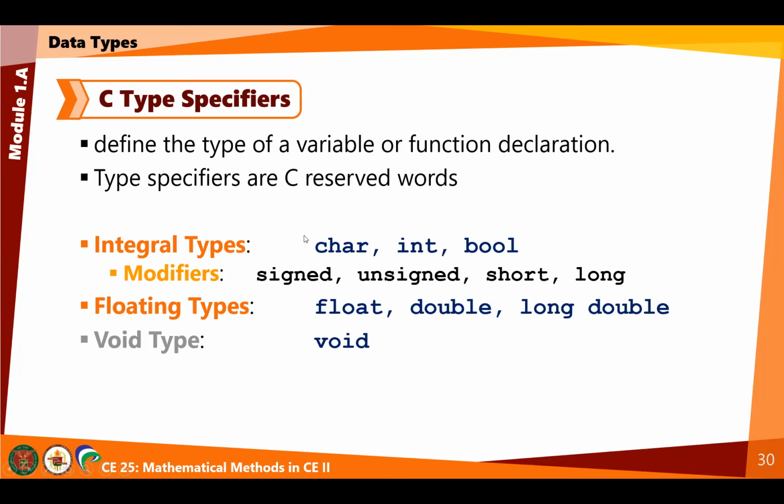So any characters like alphanumeric characters, yan. Sa char yun. Int, integers. Yan. So mga 0, 1, 2, negative, ganyan. Bool is just saying if it's either true or false. So dalawa lang yung value ng bool. It's either true or false.